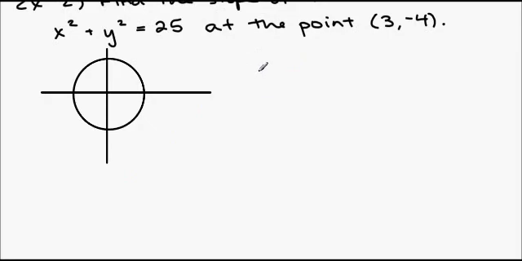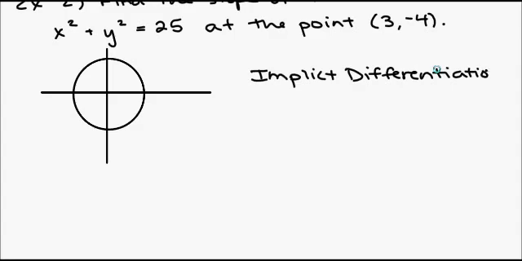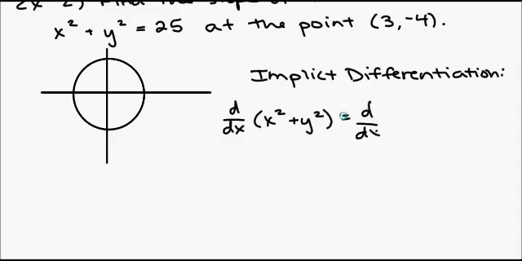So d/dx of x squared plus y squared equals d/dx of 25. Since both sides are equal to each other, the derivatives are equal to each other.